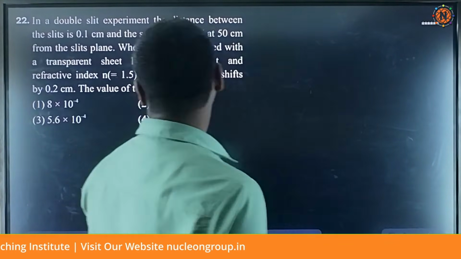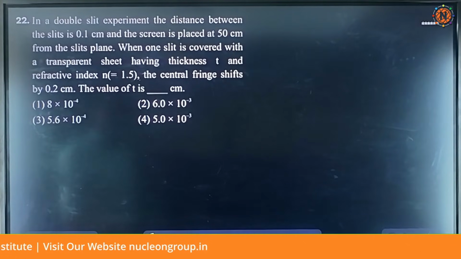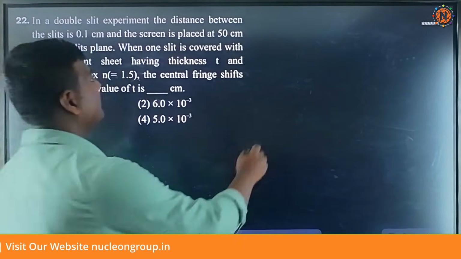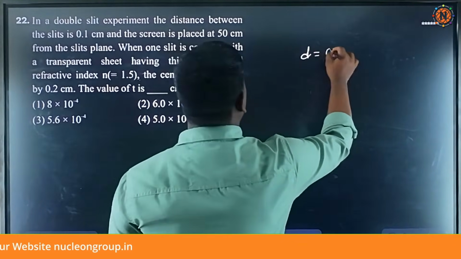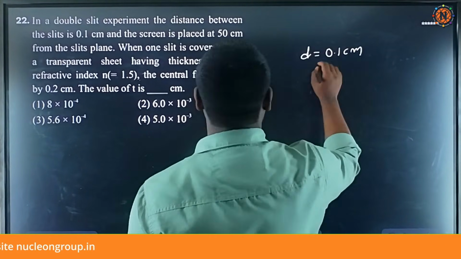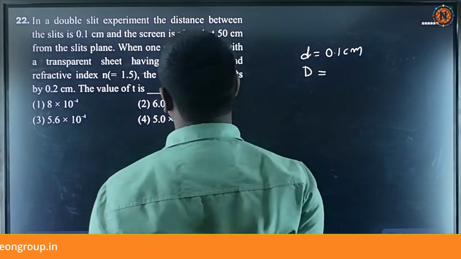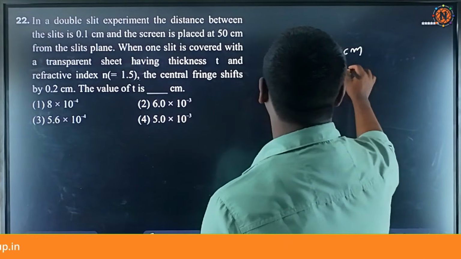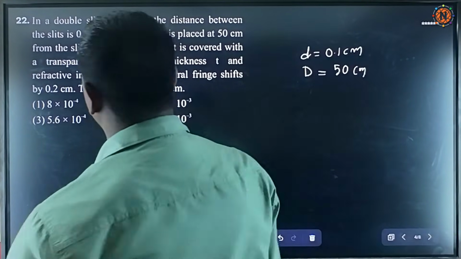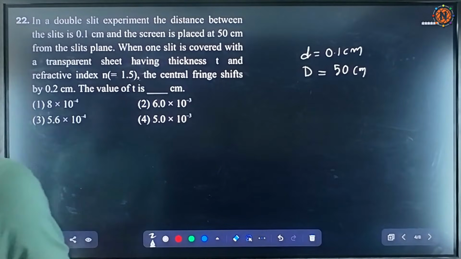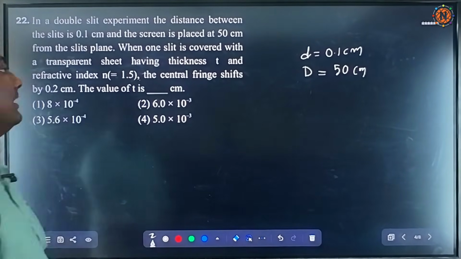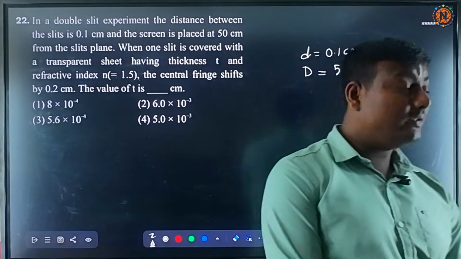In a double slit experiment, the distance between the slits is 0.1 centimeter. Capital D, the distance between the slit and the screen, is 50 centimeter. Now, when one slit is covered with a transparent sheet of thickness t, here one catch is there.